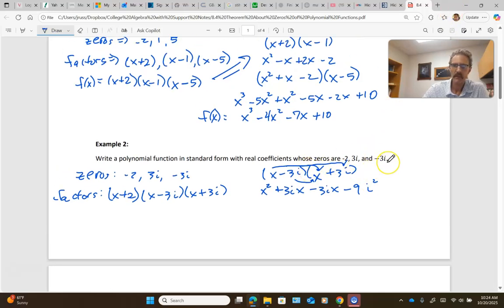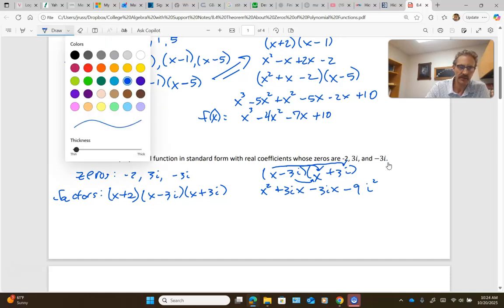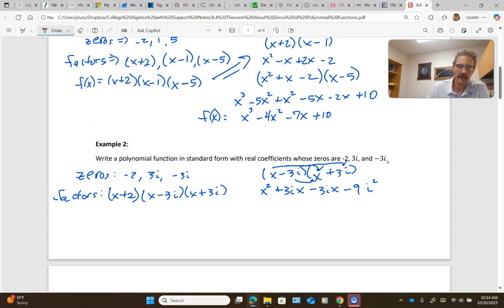Now, what you're going to notice is those terms in the middle, they're opposites. It doesn't matter if their coefficients are imaginary. They will cancel. And that's one of the reasons I suggest that you multiply these two factors together first.